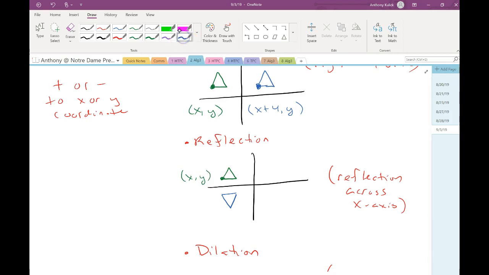So let's think the same way. Let's say here we have, again, the point xy. When I do that reflection, how does that xy change? What coordinate changed? The y coordinate. Good. And how did it change? It just becomes negative.